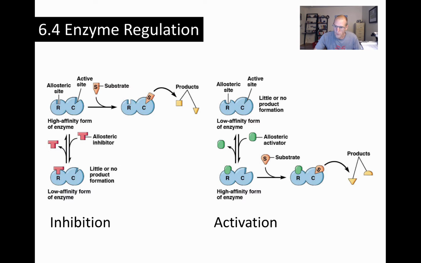So that's called cooperativity. Negative cooperativity is when you see significant decreases with every single allosteric regulator binding, and positive cooperativity is when you see significant activation of enzyme activity with subsequent activator bindings.